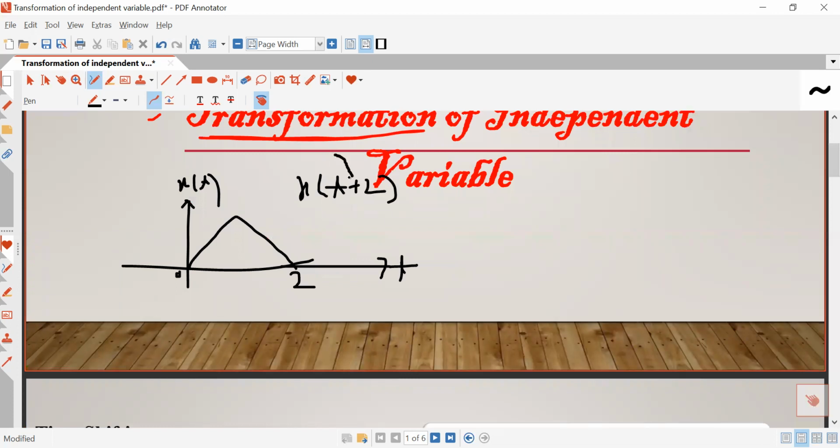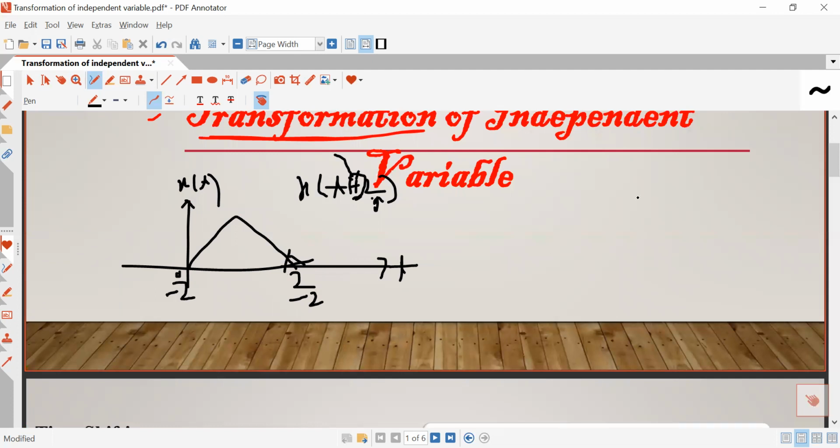This plus sign indicates the signal will shift in left direction. And this coordinate will now become plus 2, so now you will subtract this amount. If it is minus 2, then you will add. But if it is plus, then you will subtract 2 from the coordinates which exist on the time axis.